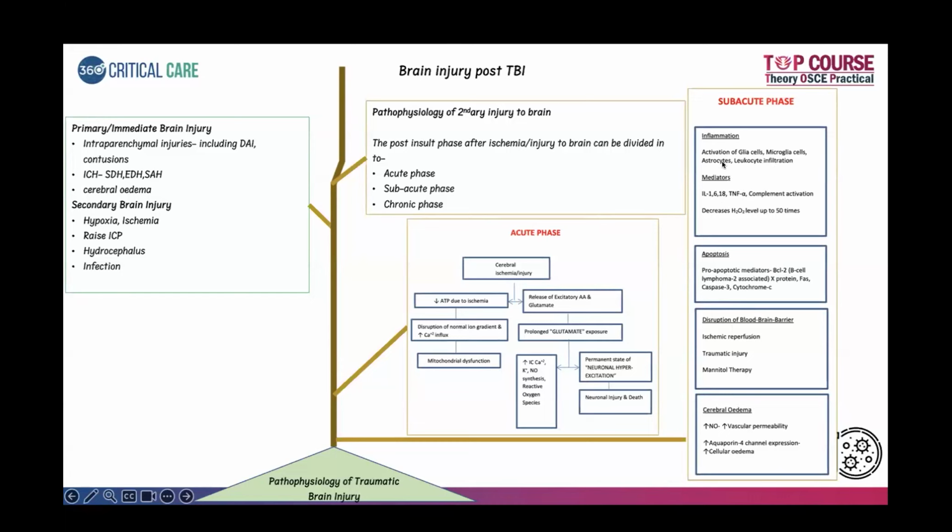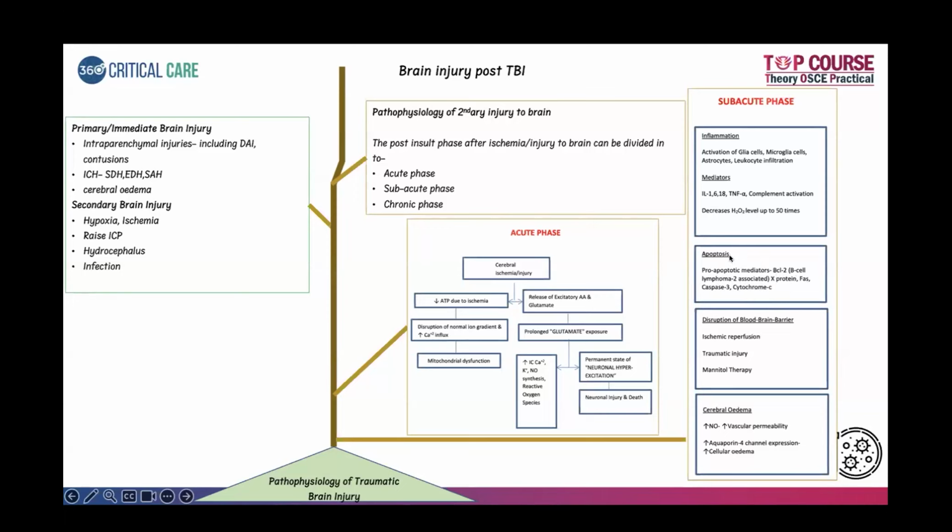So inflammation, again, you need to talk about activation of glial cells, microglial cells, leukocyte infiltration, and mediators such as all the inflammatory mediators, you can name them, interleukin 1, TNF alpha, etc. Apoptosis, again, the mediators are BCL2 and other Fas ligand, caspase 3 or cytochrome C. These are the mediators for the apoptosis.